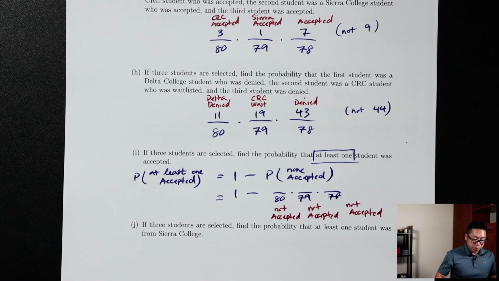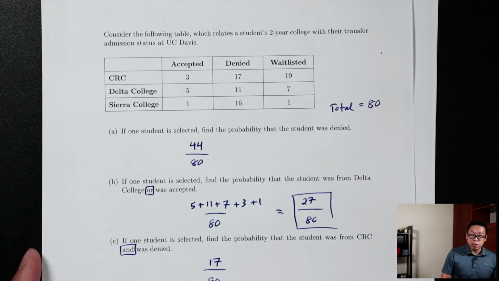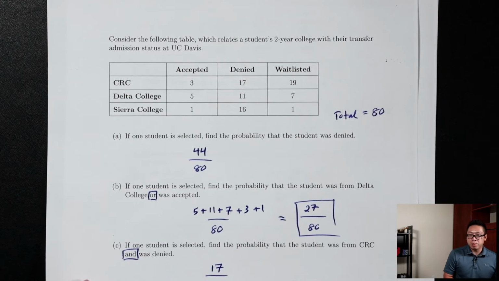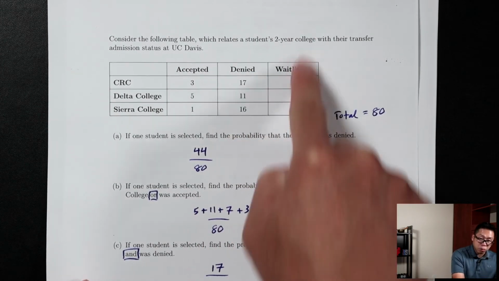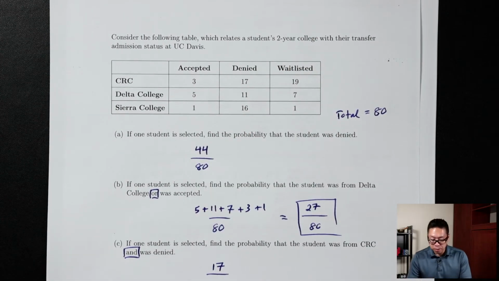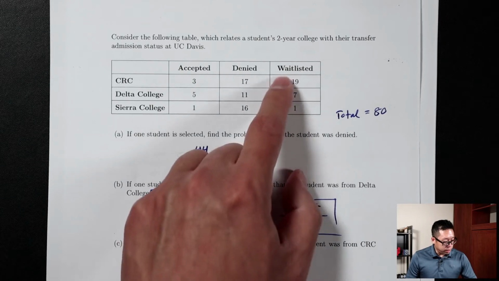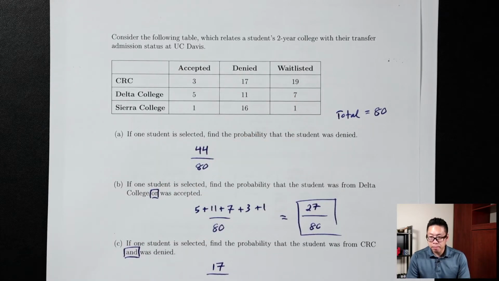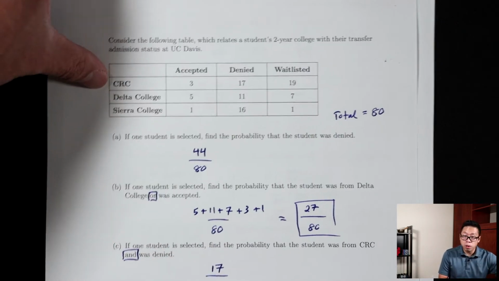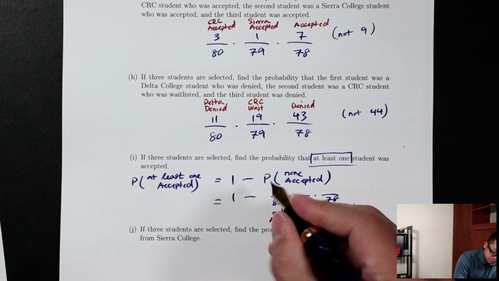Now, for all three fractions, I want not accepted. So not accepted would be all the students who were not accepted. That will be the denied together with the waitlisted. So let's add all those up. 17, 11, 16 plus 19 plus 7 plus 1. And that's 71 not accepted.